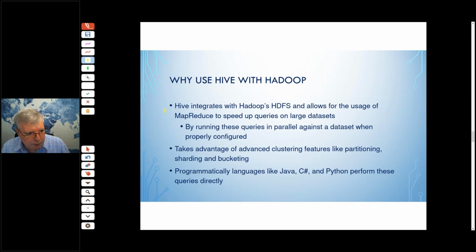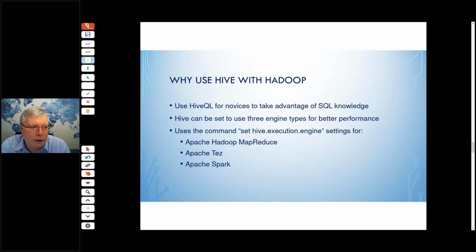MapReduce speeds up large data, parallel against the data set. Again, programmatically, you can take advantage of different languages. There's our partitioning, sharding, bucketing that we mentioned for the different systems that you may want to use. Again, advantages: HiveQL, which allows somebody who's a novice to still use SQL.